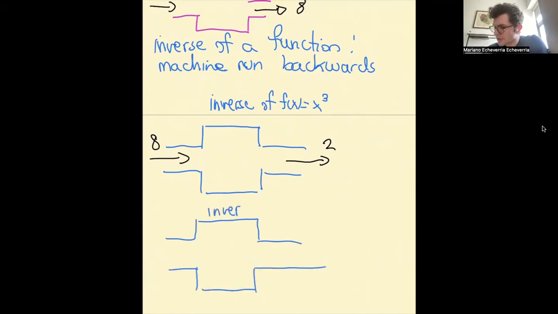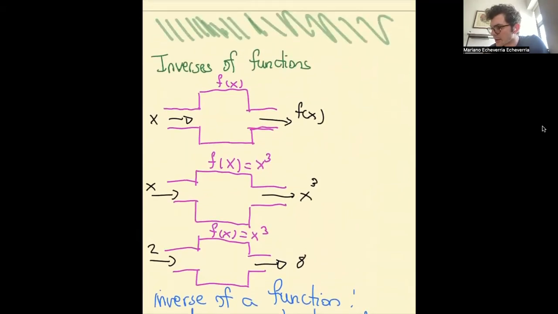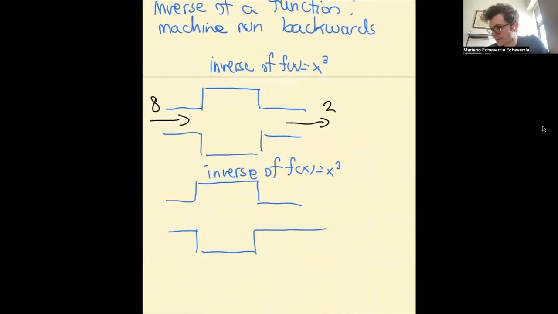More generally, the inverse of x cubed is reversing these two roles. So if you fed to it a number like x cubed, what the inverse of x cubed will spit out is x. You probably learned a long time ago the name for a function that has this property. What's the name of a function that has this property?